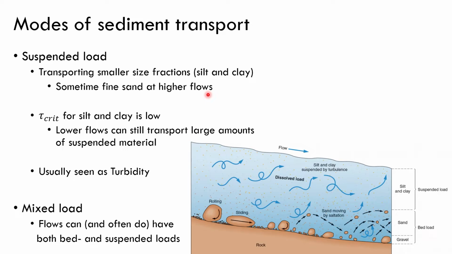But if you go out and look at the Cedar River on any given day, there's quite a bit of turbidity in there, so there's also a good portion of suspended load being moved in certain rivers as well. So bed load is one mode, suspended load is another, and very often you will get mixed load as well.